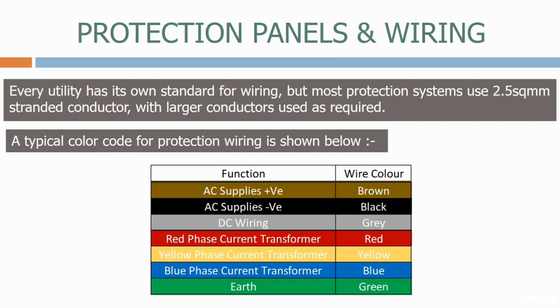For the AC supplies, we have brown for live and black for neutral. For DC wiring, we tend to use grey wiring. For the red phase CT, we use red wiring, yellow phase we use yellow wiring, and blue phase we use blue wiring. For any earth wires, we tend to use green wiring.